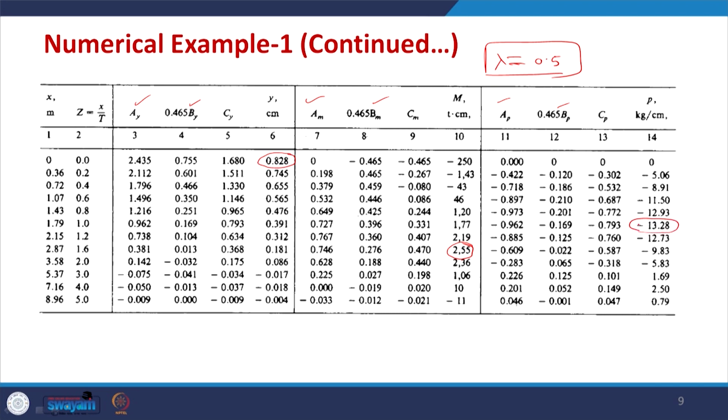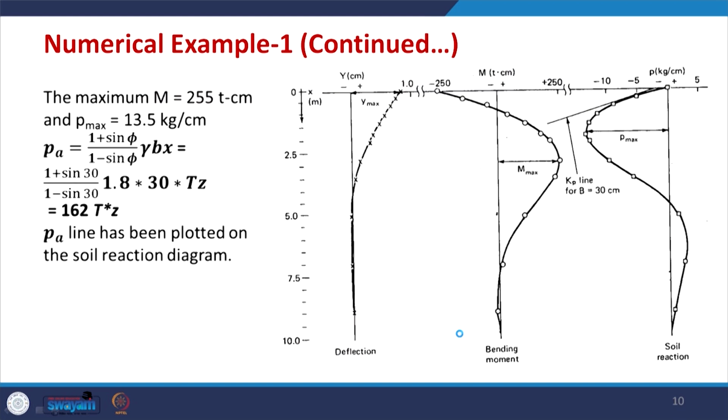However, in this table that is not calculated separately, but there could be a column for Pa, where Pa is the allowable soil pressure, which can be calculated as (1 plus sin phi) over (1 minus sin phi) into gamma into x into b, which has been calculated later. So, you could see here that this Pa can be calculated from this relation.